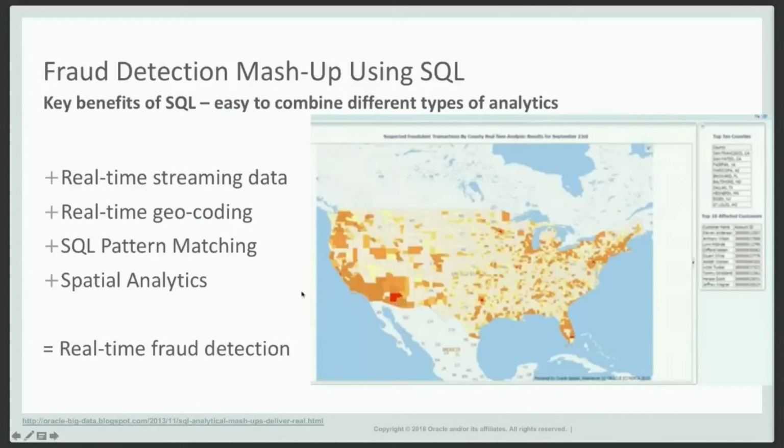We could use spatial analytics to look at the distance from A to B, convert that to miles per hour, and see whether it's technically feasible to have moved from A to B within the time frame between the first and second transactions. If that's not possible or unlikely, and you can define the business rules for unlikely, then you could flag that up as a fraudulent transaction straight away in real time.